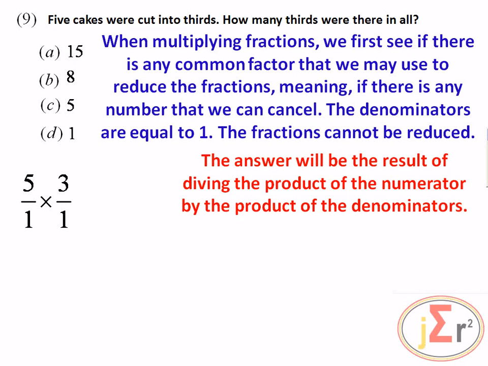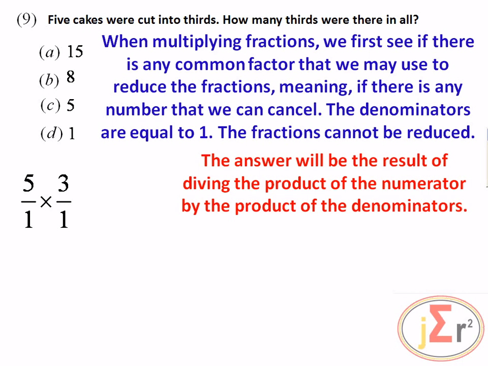So, if there is no number that can divide into both, then the fraction cannot be reduced. If the fraction is already in what we call simplest form or lowest terms, then it cannot be reduced. This fraction is already in its lowest terms. We are sure of that because the denominators are equal to 1. There is no other smaller number that we can reduce the denominators to. So we are sure that fraction is in its lowest terms.